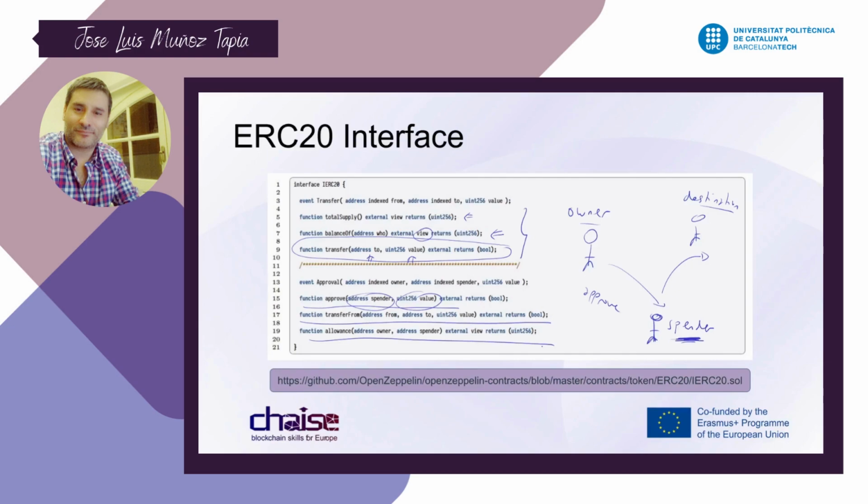Despite that, it has some security issues too. I also recommend that you take a look at all the security problems that the ERC20 standard has. But yeah, now in this class, we just want to go with the basics.